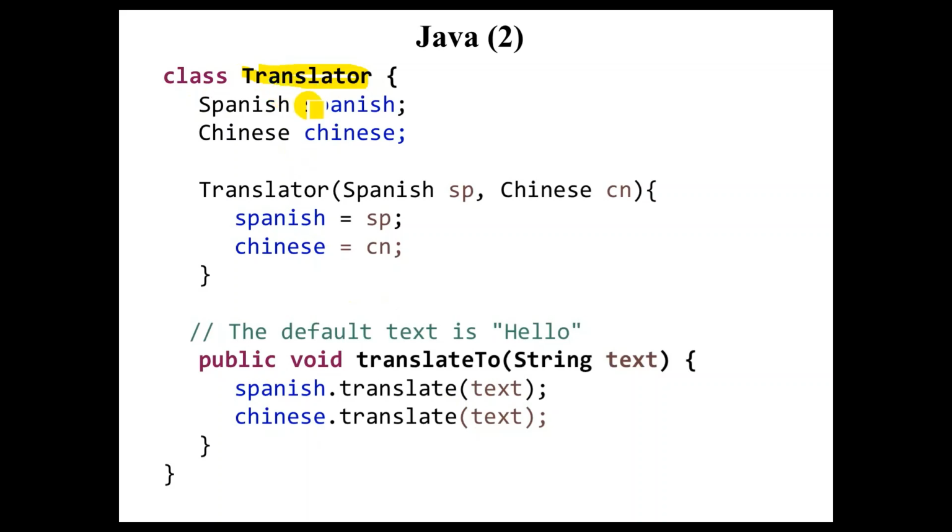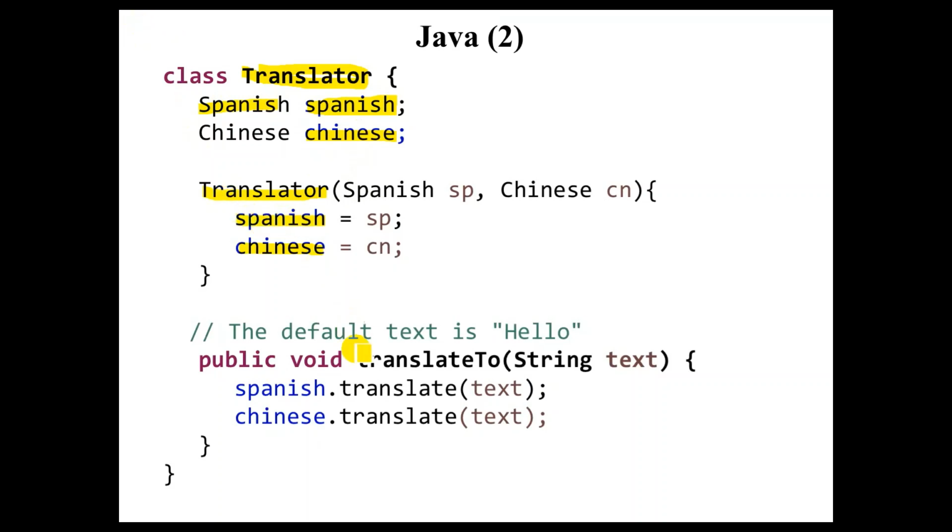For this we need two objects for the two classes, the Spanish class and the Chinese class, and we need to initialize the objects. For this I am using a constructor here. I have included a constructor and initialized the two objects of the Spanish and the Chinese classes.